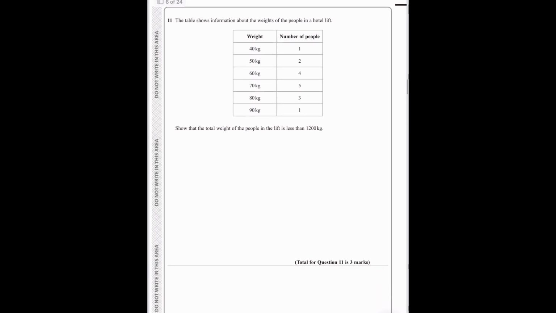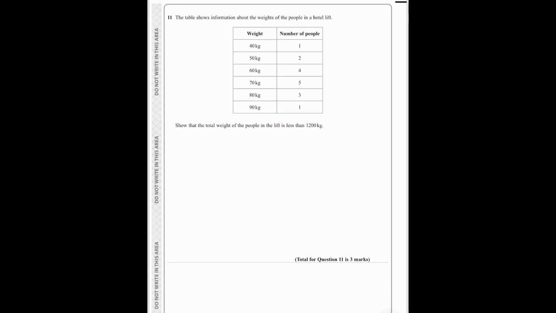The table shows information about the weights of people in a hotel lift. Show the total weight of the people is less than 1,200. So we have one person at 40, so the total there is 40. We have 2 people at 50, so that's going to be 100. We have 4 people at 60, so that's 240.